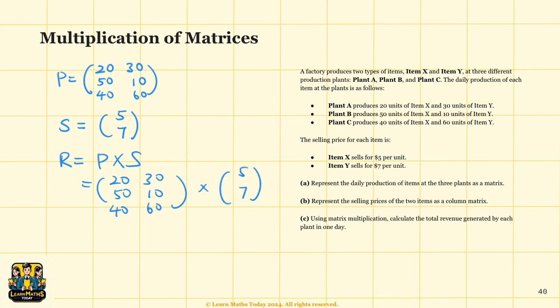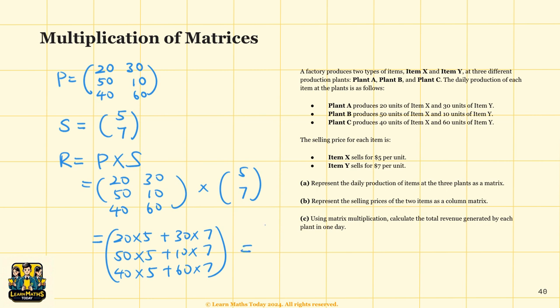And for the first row, you can see that it will be just 20 multiplied by 5 plus 30 multiplied by 7. Second row, you have 50 multiplied by 5 plus 10 multiplied by 7. And third row, you have 40 by 5 plus 60 multiplied by 7.